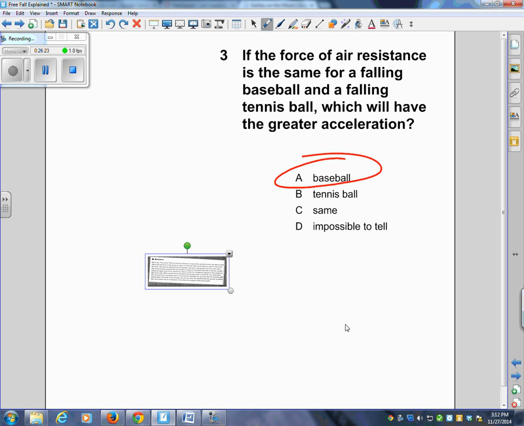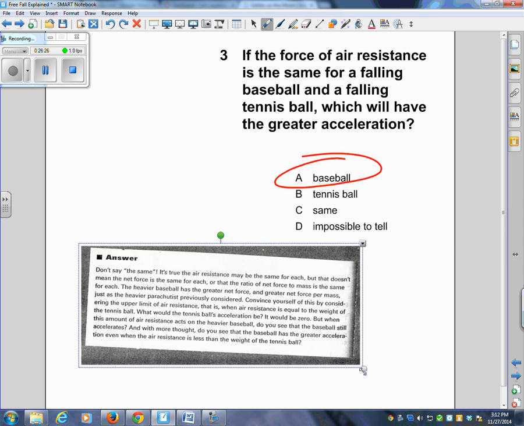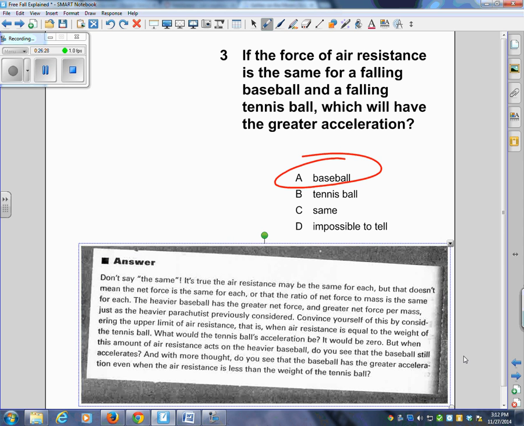But the air resistance, Mr. Bennett, the air resistance is the same. It's true the air resistance may be the same for each, but that doesn't mean the net force is the same, or that the ratio of net force to mass is the same. The heavier baseball has a greater net force per mass, just as the heavier parachute previously considered. Convince yourself of this by considering the upper limit of air resistance.